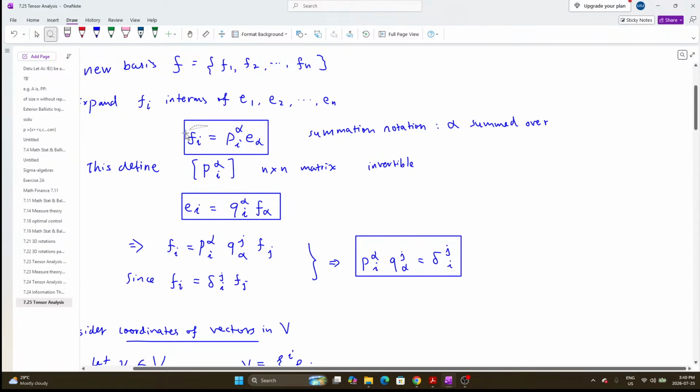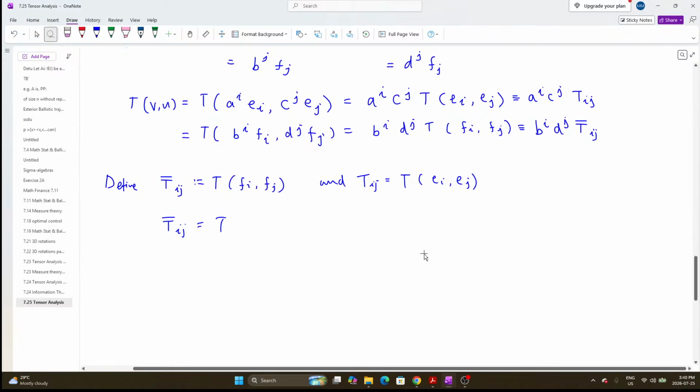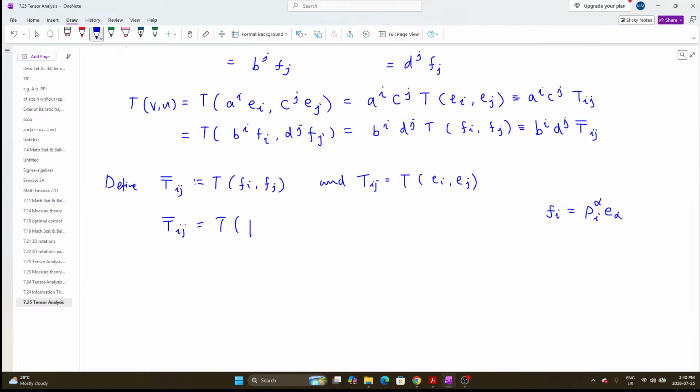This is more direct, huh? Yeah, I think this is more direct. This is actually much easier than I previously attempted. So F_i is just P^α_i E_α. There you go. What's F_j? Same business. P^β_j E_β.